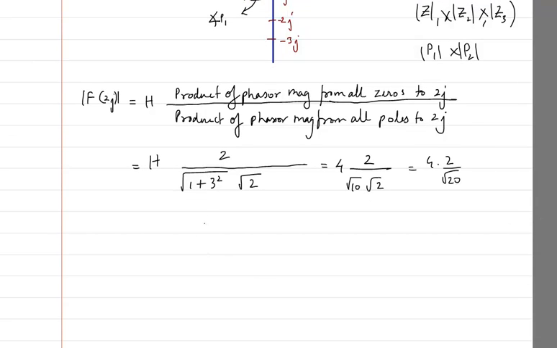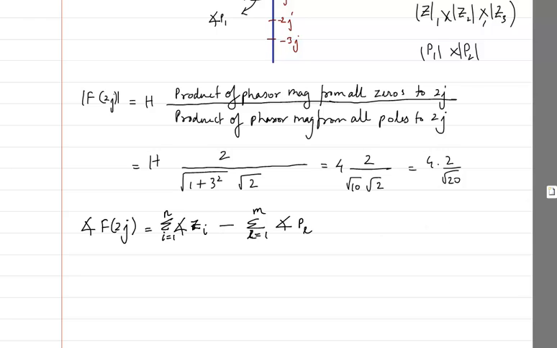The angle of f of 2j is going to be the summation of the angles of all the zeros, so I will write zi, where i is equal to 1 to N zeros, minus the summation of the angles, where L is equal to 1 to M, of all the poles PL.